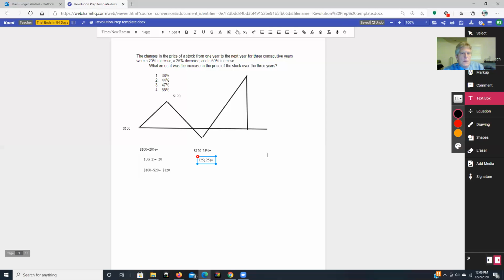I screwed up here. That should be 120. A quarter of 120 is going to be $30. And so our resulting formula is going to be 120 minus $30, and that's going to give us a resulting amount of $90. So right down here, we know that the amount is $90.